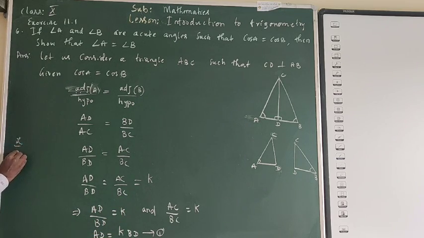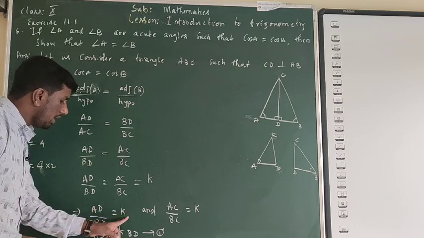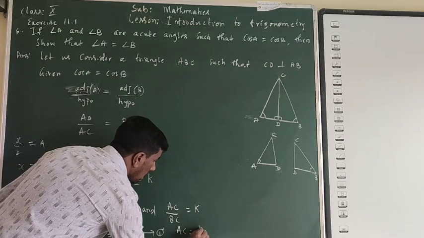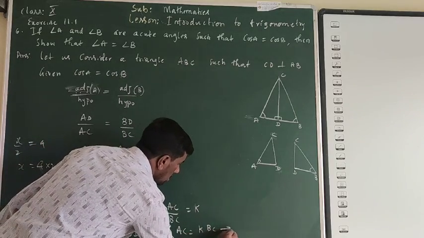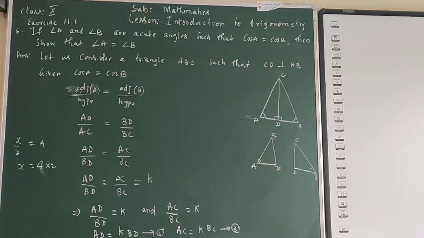Call this equation 1. Like this, X by 2 is equal to 4, so X is equal to 8, that is 4 into 2, multiplied over there. Similarly, AD is equal to BD into K, and AC is equal to K into BC. Call this equation 2. Right? AC is equal to K into BC.